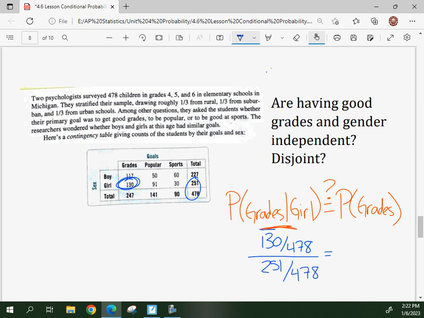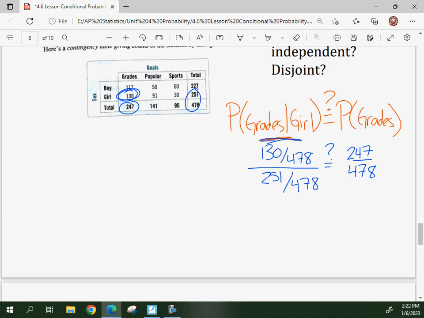That's going to give us this conditional probability. And then the probability of grades being the most important to you is 247 over 478. I'll put a question mark there for now because that's what we're trying to figure out. Are they equal?